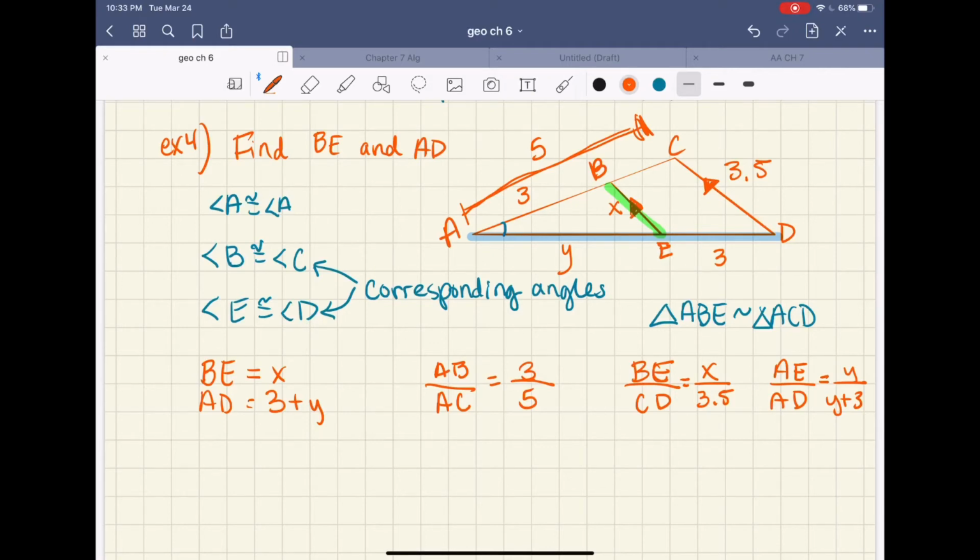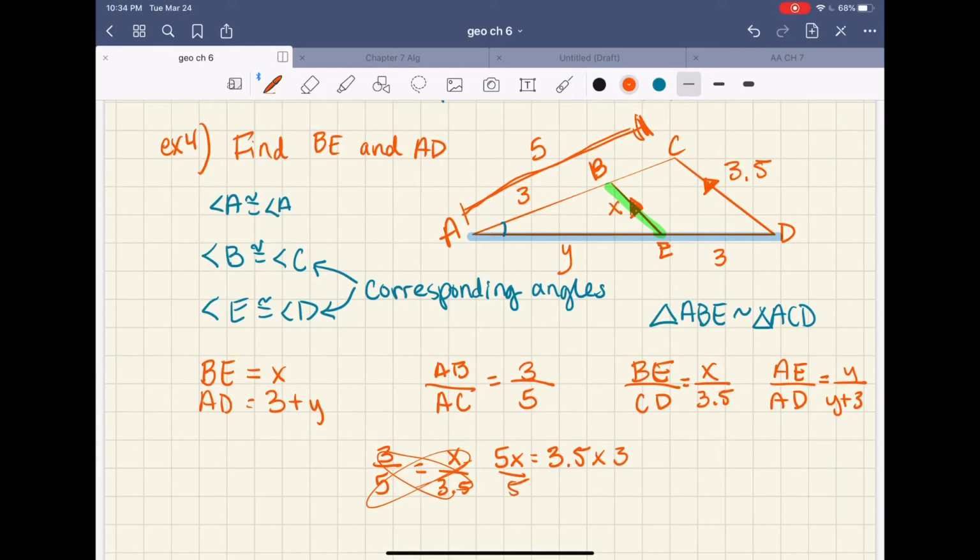Alright, so let's see what we can do here. We can solve for our variables by making proportions. I need just 2 proportions to be able to make all my variables disappear. So I'm going to start with this proportion right here. Cross multiply. 5x equals 3.5 times 3.